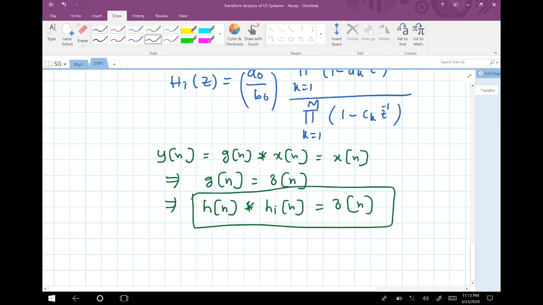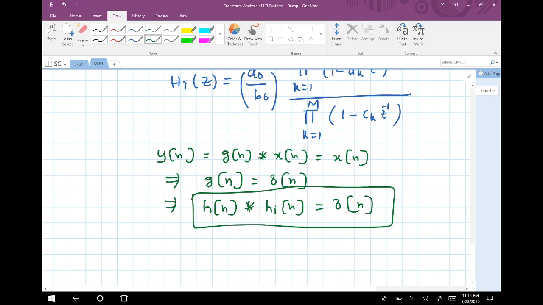This equation is important in order to make inferences about what the ROC of hi of z should be. Notice that for h of n convolved with hi of n to result in the discrete impulse delta, both should have some overlap.